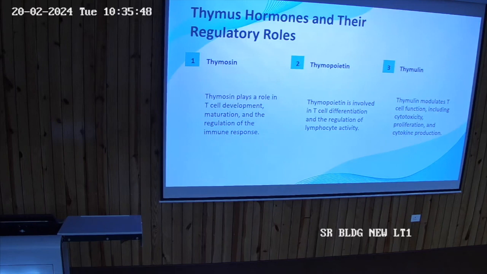All the process which has to take place in the thymus gland has been completed. Proliferation, maturation, everything. What will happen to these after all the process of the lymphocyte has been done? Now they are natural killer cells, regulator cells, helper cells. Now what will happen to these lymphocytes?